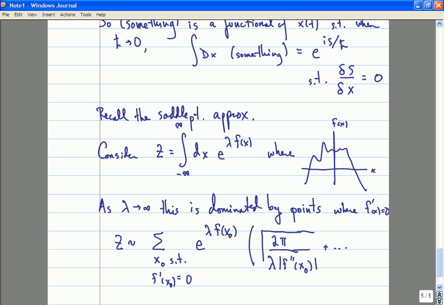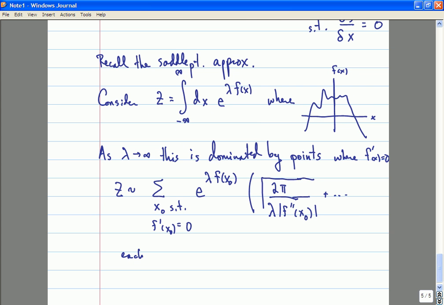Just as a point of terminology, each x naught is called a saddle. Why is it called a saddle? Well, it's just a place where f has a local maximum or minimum. And this approximation says that the integral is approximately a sum over saddle points.